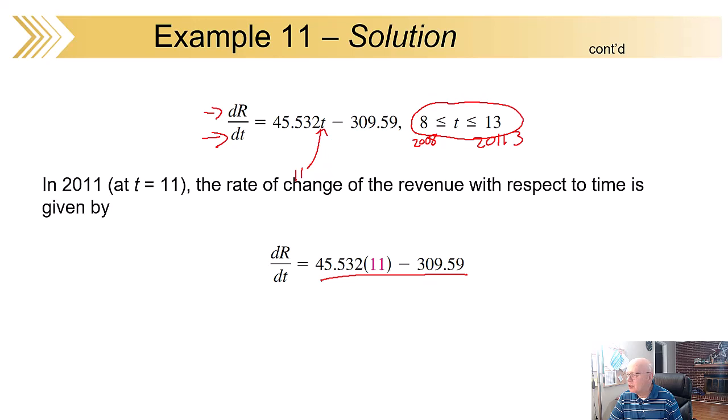All you need to do is, I think this is a job for the calculator, don't you? 11 times 45.532. Yes, I think it's time for the calculator. So this is how the revenue for Buffalo Wild Wings is changing in 2011. And remember, this revenue is in millions of dollars.